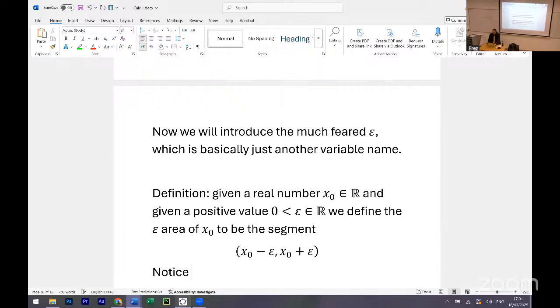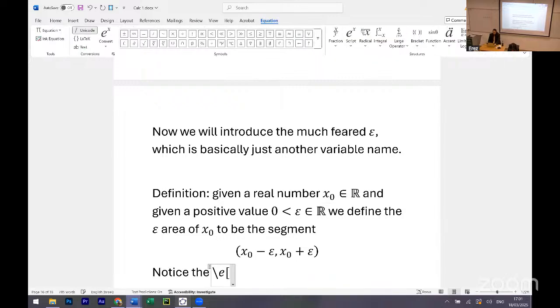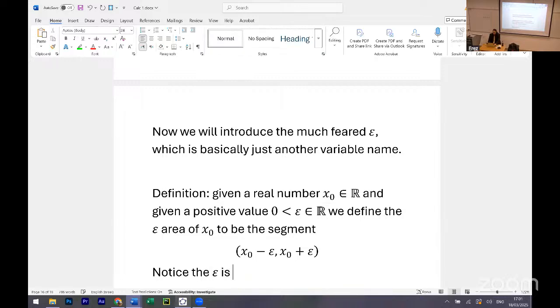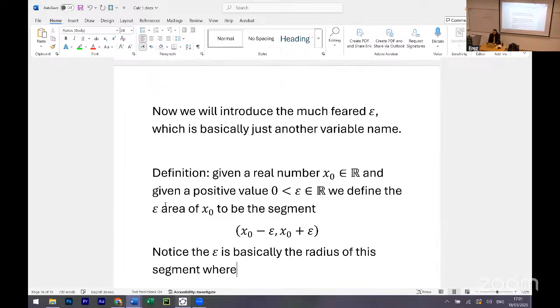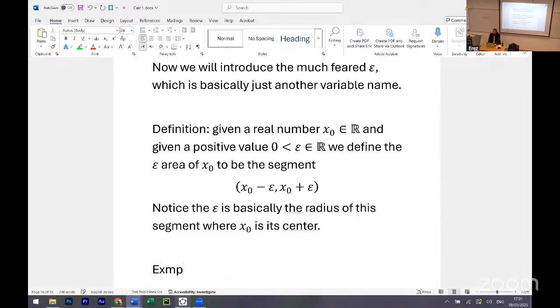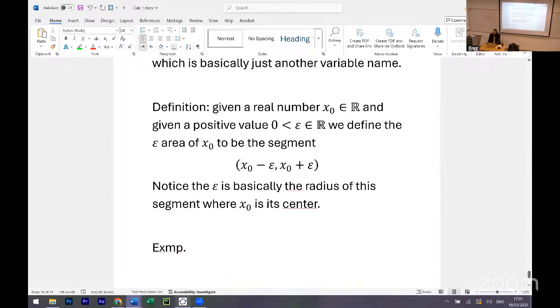Notice that epsilon is basically a radius of this segment, where x0 is its center. I'll give a quick example. Choose any x0 as you would like.